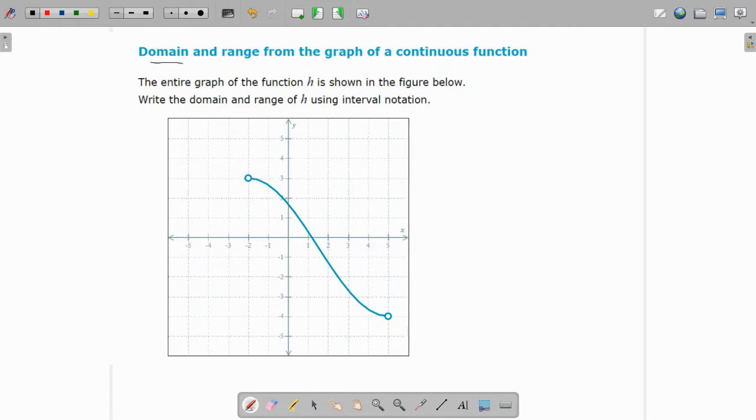Our first topic is domain and range from a graph of a continuous function. They want the domain and range using interval notation. So I kind of think about boxing the function in.